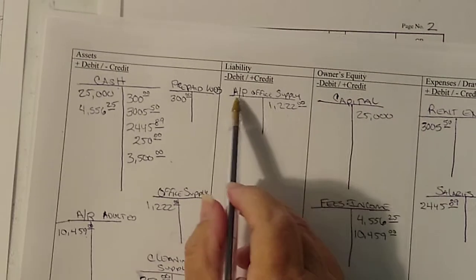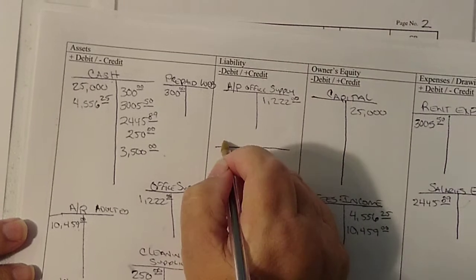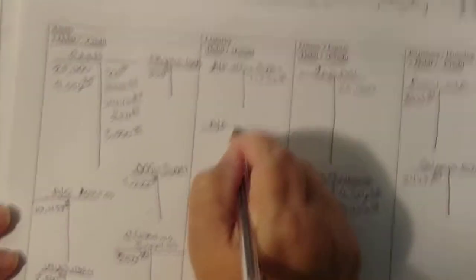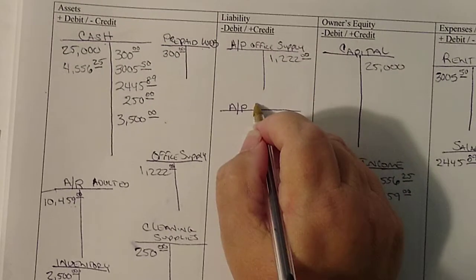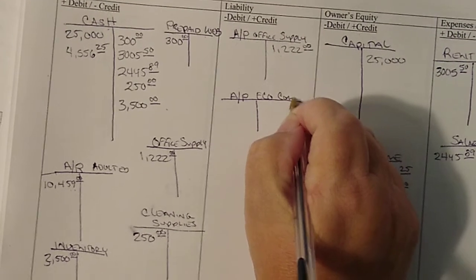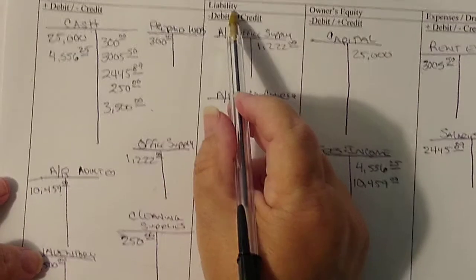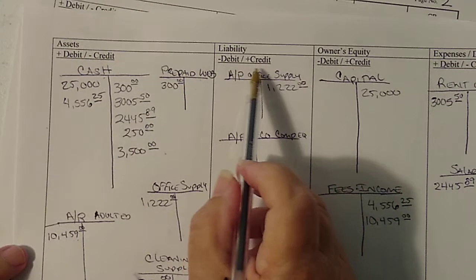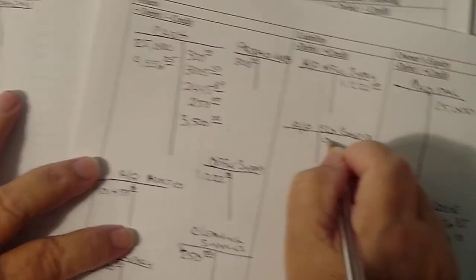So accounts payable. We didn't buy it from office supply, we bought it from a different place. So I'm going to put AP, and I'm going to put Economy, ECO computer equip abbreviation. Okay? And do we debit or credit the liability? Well, we increase our liability by crediting it. So, excuse me, that's $942.